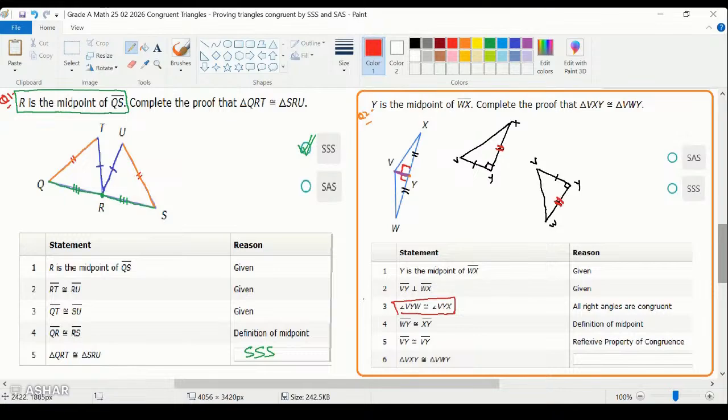One side is equal. Do we have any other equal side? Yes, we have a common side. VY was the common side. That means if two sides are equal and one angle is given to us, that was 90, that is equal, right? That means side, angle, and side can be used, right?